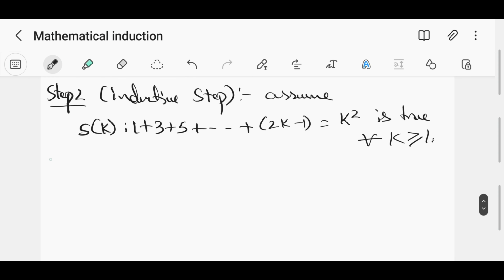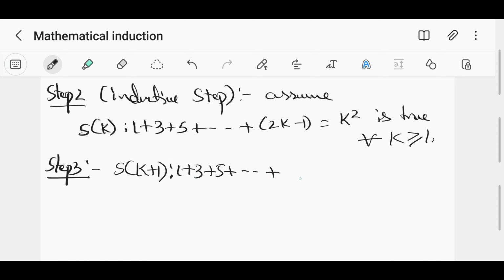Now step 3, what are we supposed to do? In place of k, we are replacing it with k plus 1. So S of k plus 1 will be 1 plus 3 plus 5 plus so on plus 2k minus 1 plus 2 times of, I'm taking this step here, the next term will be k plus 1, right?